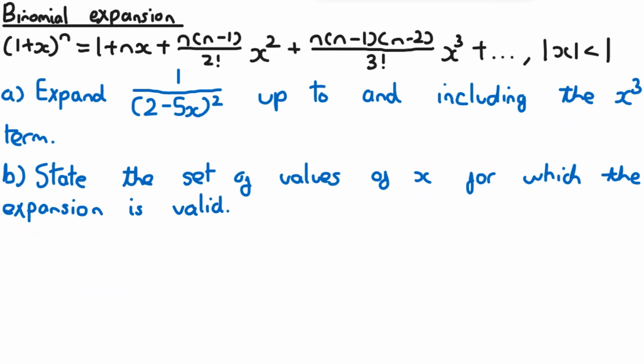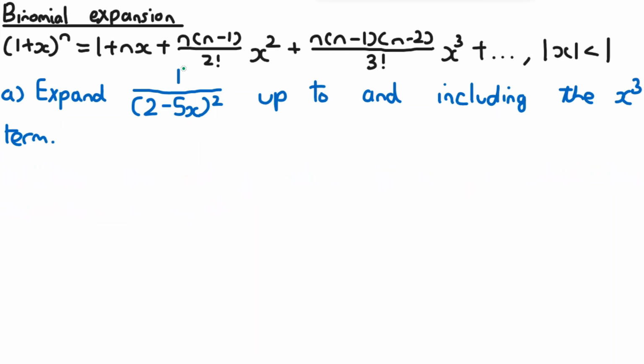Here's another example where the first term in the bracket is not 1, and therefore you have to factorise. So for part A, first of all, let's write this as 2 minus 5x to the power of minus 2 because it's under 1 like this. And now let's factorise out the 2 from this expression in order to get it into this form.